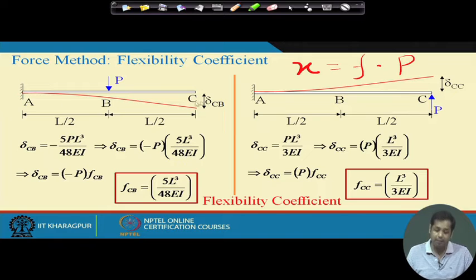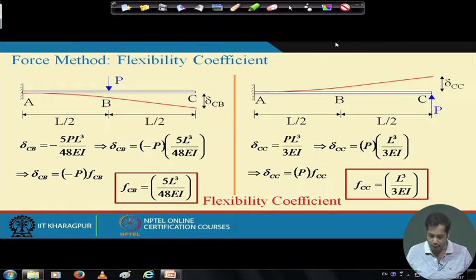For instance, in the same problem, in this we are measuring deflection at point C. Here also you are measuring deflection at point C, but in this case this is caused by load acting at B and this is caused by load acting at C. Therefore, their flexibility coefficients are different. So, this flexibility coefficient is associated with this load displacement and this flexibility coefficient is associated with this load displacement.